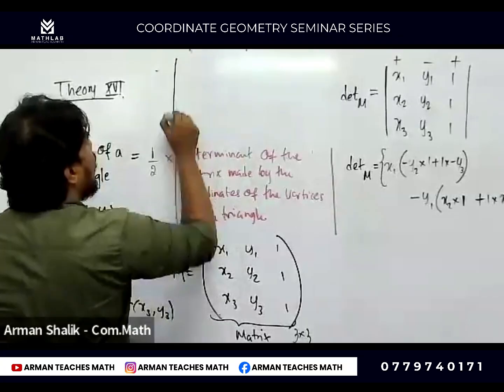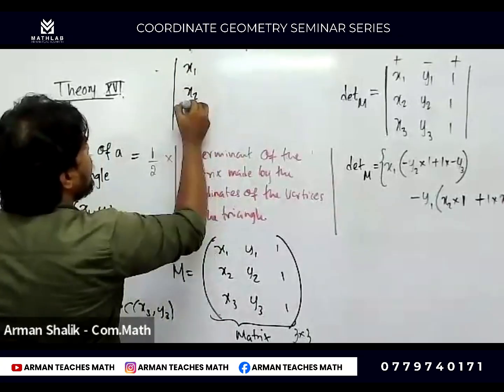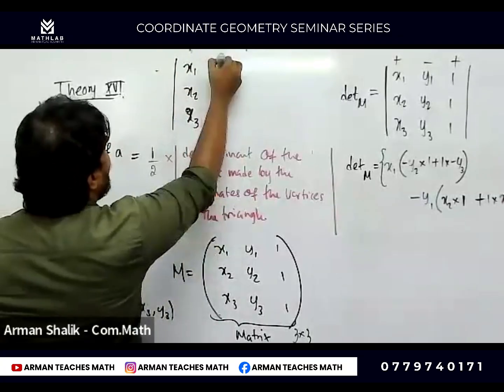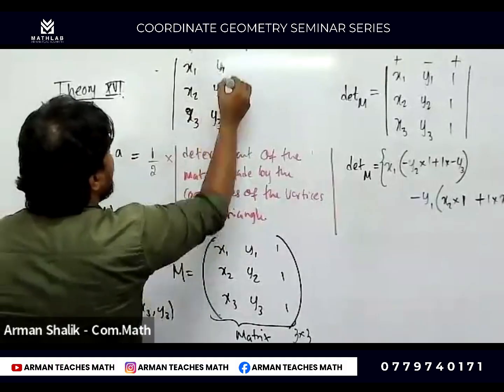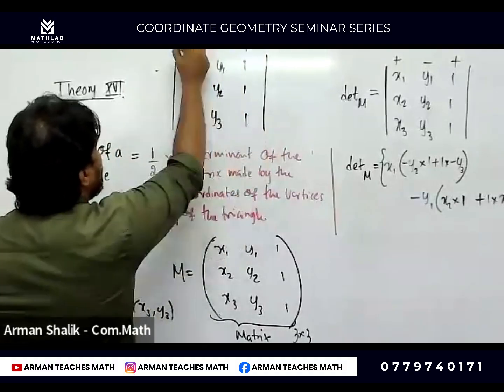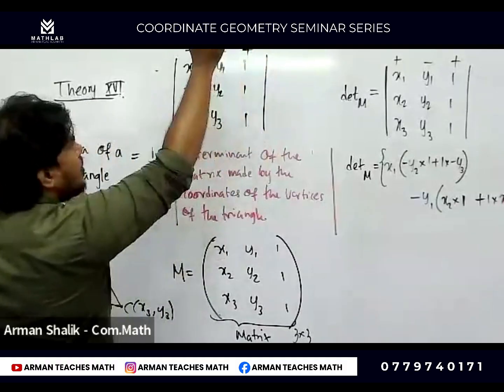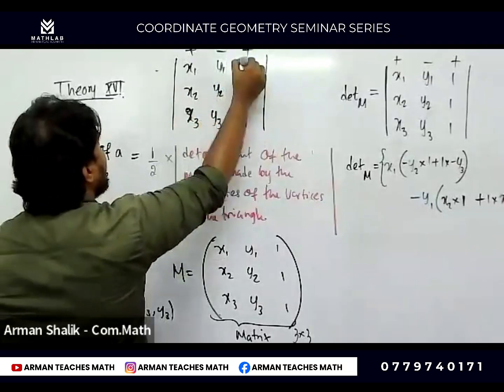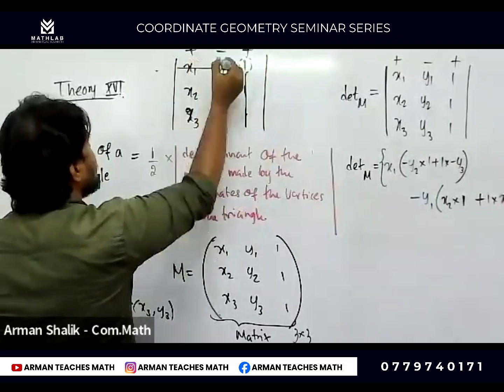Next, open x1, x2, x3, y1, y2, y3, 1, 1, 1, plus, minus, plus. 1 selected, this line discarded, this line discarded.